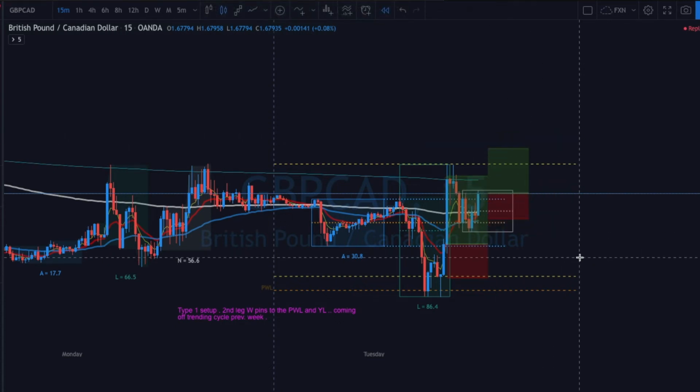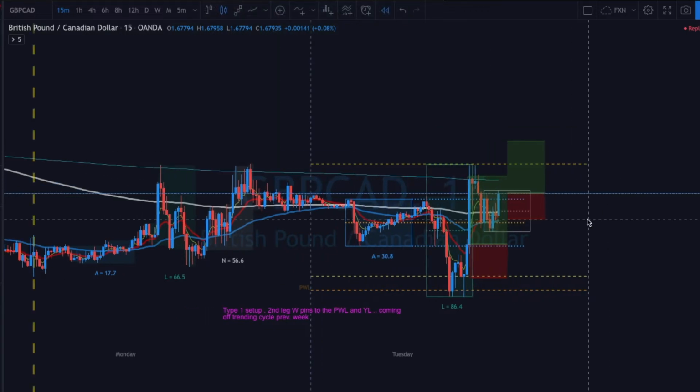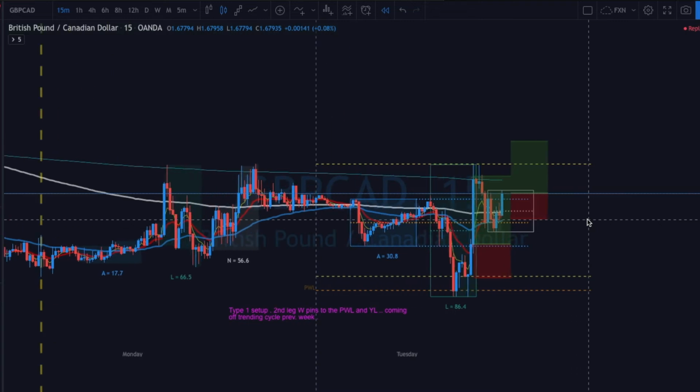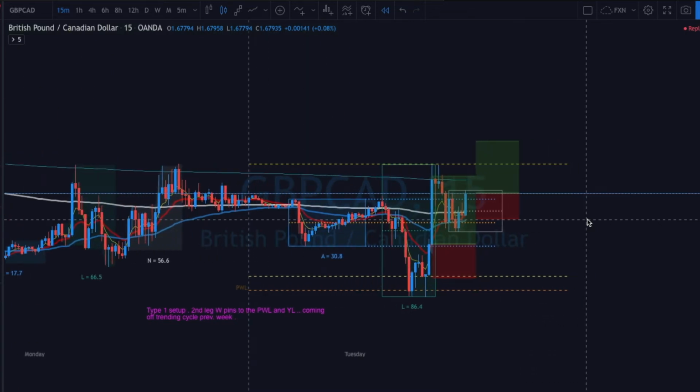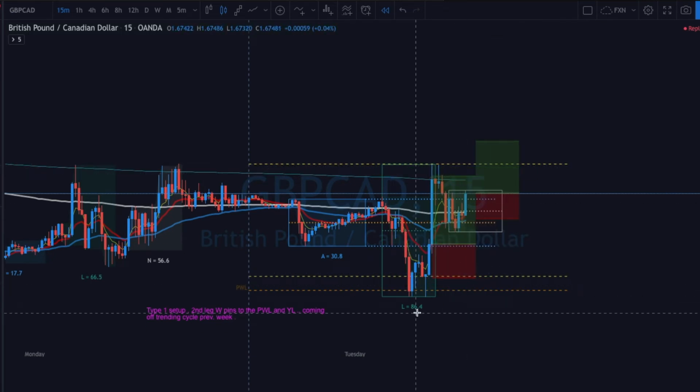First of all, we can definitely try to take it at the 2-to-1 risk to reward ratio. That's another 33 pips. Being pound CAD, I believe it's well over 100 pips on a daily average range anyway, so at least this is feasible. You've only moved about 86 pips, so you're at about 110 or so.